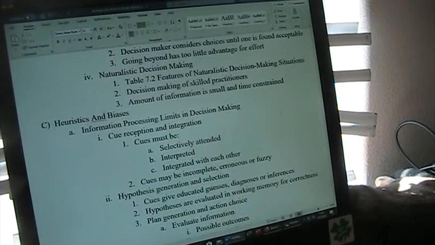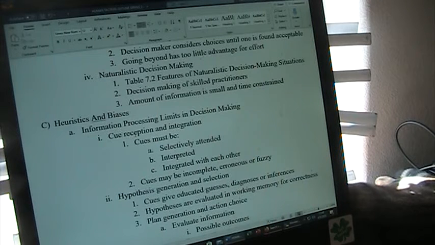All right. Our next is naturalistic decision making. For example, let's look at table 7.2, which is on page 162.